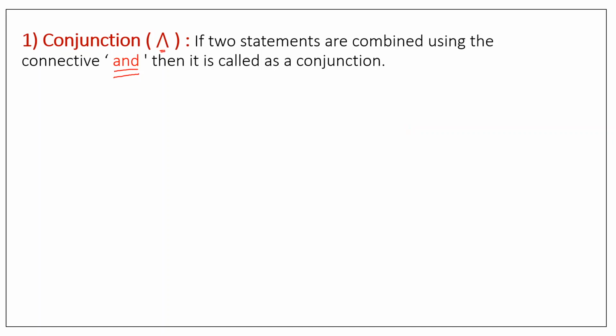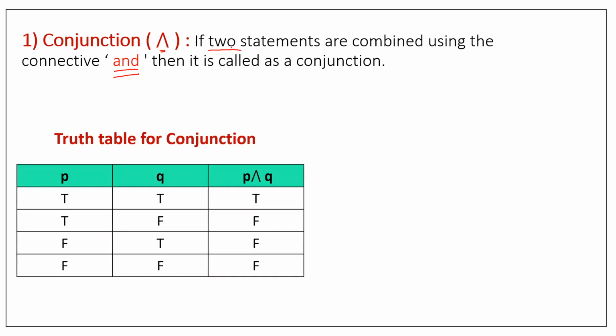We will see the truth table for conjunction. We take two statements, the first as P and the second as Q, and this is the conjunction of P and Q. Truth values of P and Q: all possible combinations.